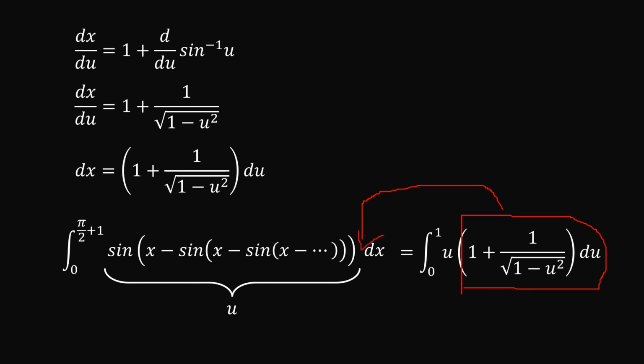The limits, as you saw, we were able to transform in a clear way, and the integrand is the same as u. So it's now the integral of u plus u over the square root of 1 minus u squared, du.